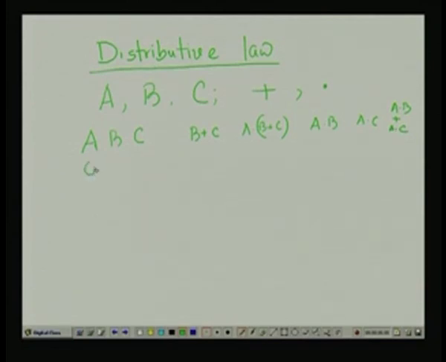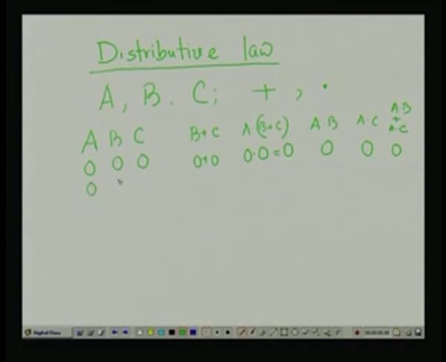Now, we take all the values of A, B, C. Then B plus C is 0 plus 0, 0, then 0 dot 0 equal to 0. Here A dot B is also 0, A dot C is also 0, then this is 0 plus 0, 0.